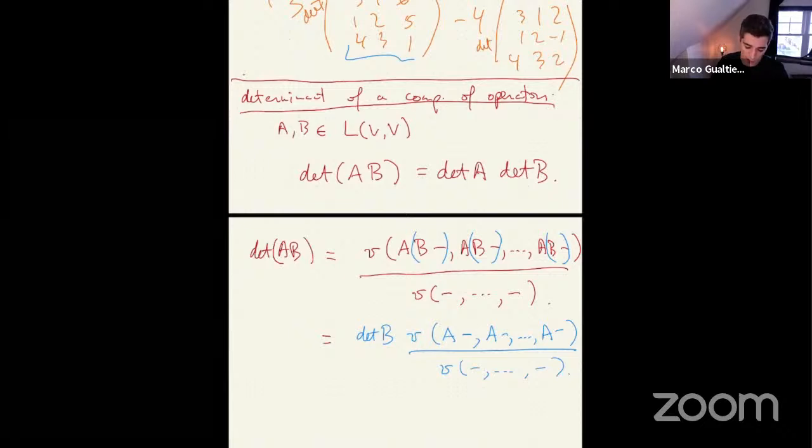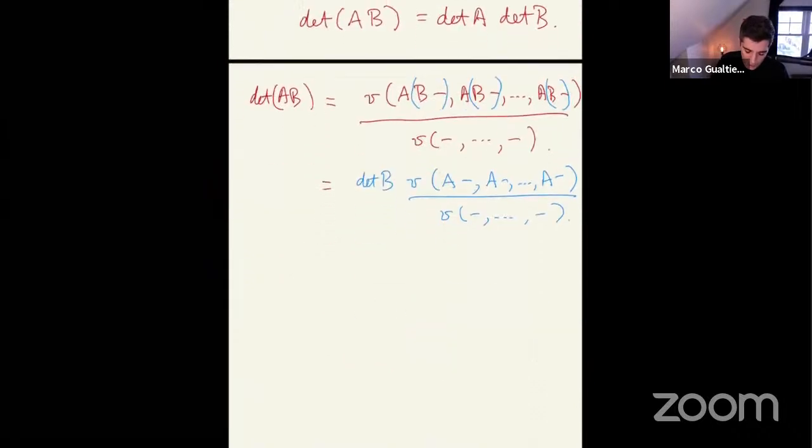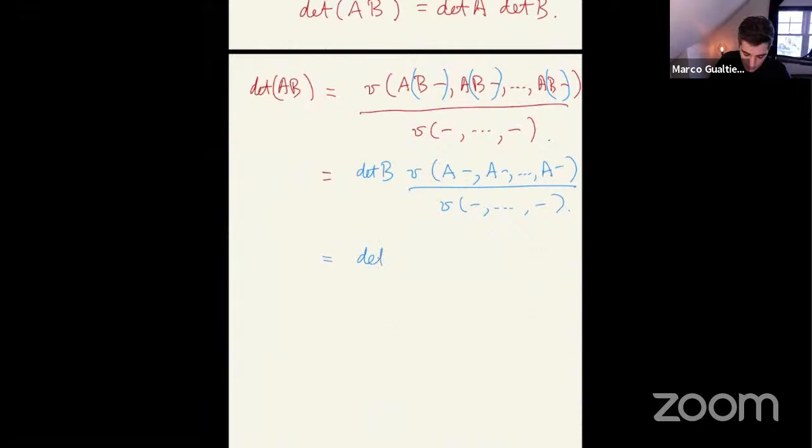Because the determinant of B is literally the scale factor that B implements when you plug it in here. I can take it out and I just get this constant scale factor, which is the determinant of B. And then I can just use the definition of the determinant again and get the determinant of B times the determinant of A, which is just 1.